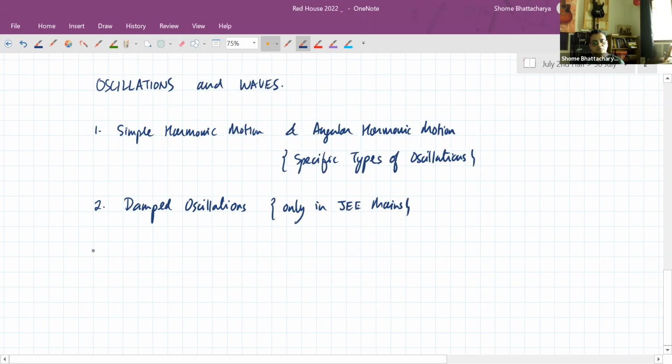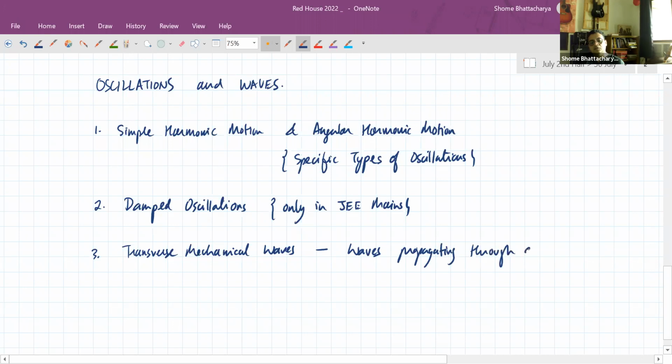Okay. Then we will come to the waves part, which will start with transverse mechanical waves. In this, basically, we'll be studying waves propagating through a stretched spring, like the waves in any stringed musical instrument.